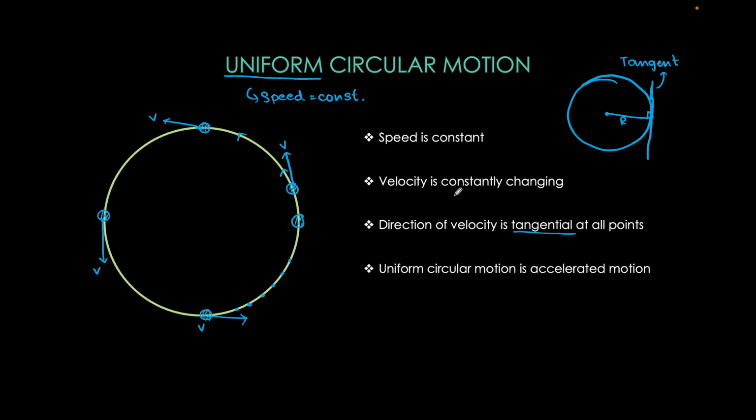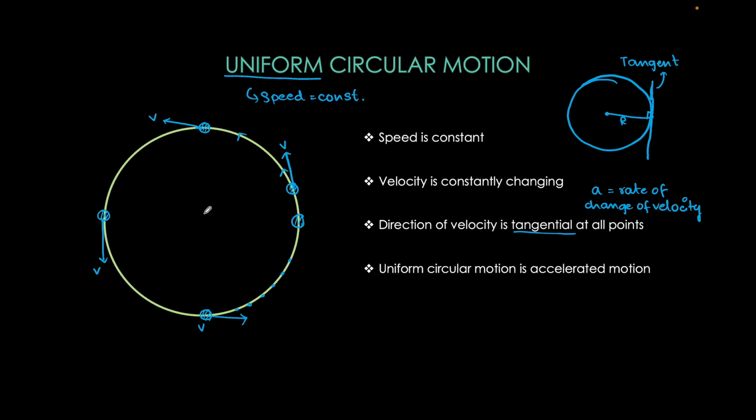Now, uniform circular motion is an accelerated motion as well, meaning that if velocity is not constant, obviously there will be acceleration, because we know what acceleration is, basically rate of change of velocity, right? So if velocity is changing, then obviously there will be acceleration.